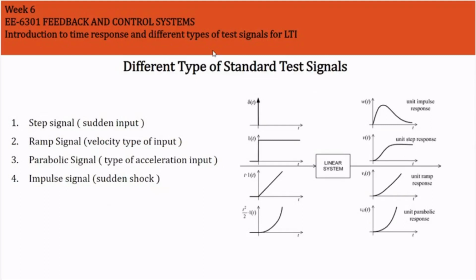So you have number one, the input natin for the unit impulse response. As you can see, the delta going to WT. So meron tayong graph representing that kind of signal for the impulse response.